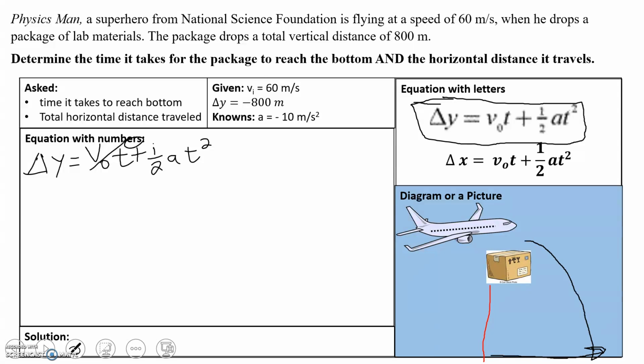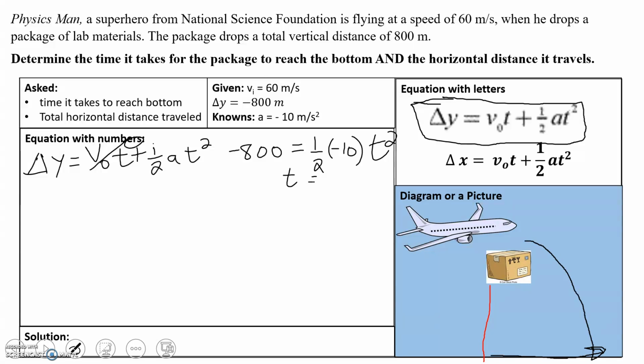We know that delta y is negative 800, which equals 1/2 times a, which is negative 10, times t squared. So we're going to solve for t, and I'm going to use my calculator.